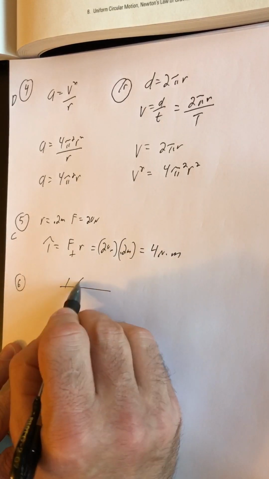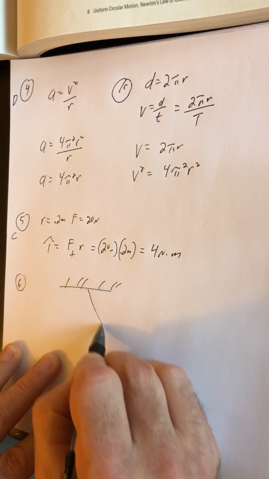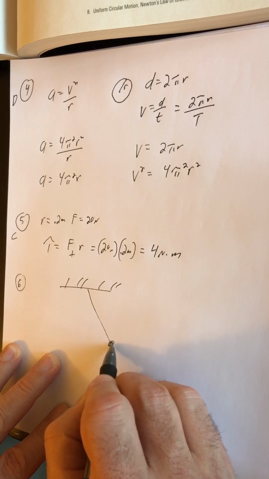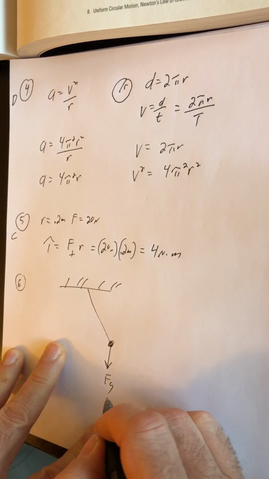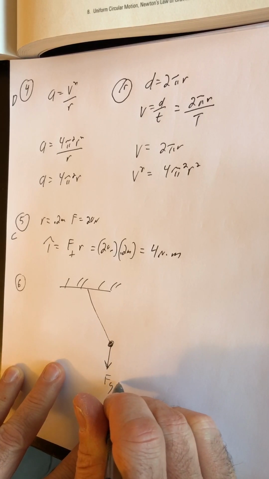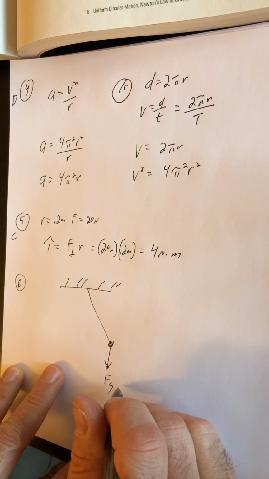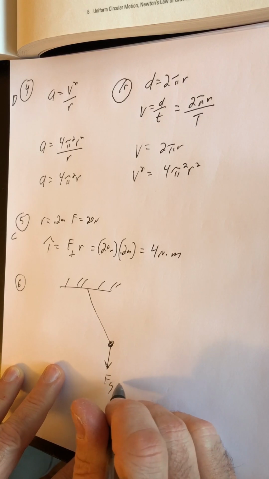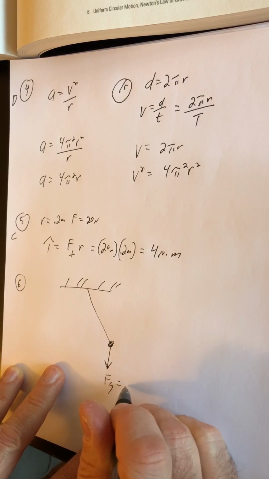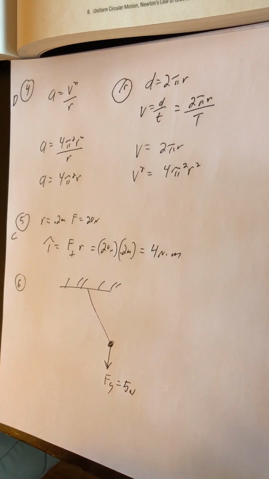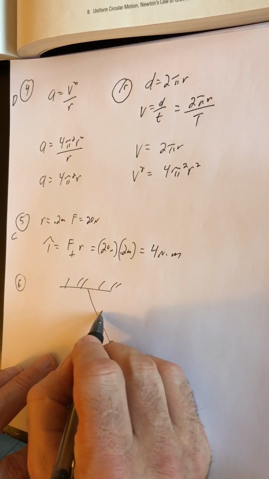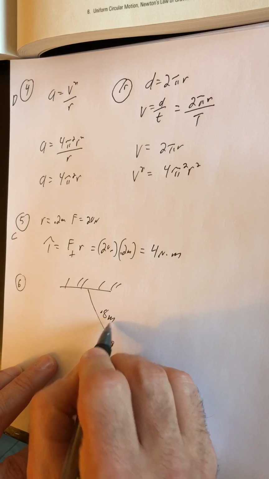Number 6, we have this pendulum, and gravity's going straight down. It's half a kilogram, so this is using 10 for gravity. This is like 5 newtons. And we know that this length here is 0.8 meters.